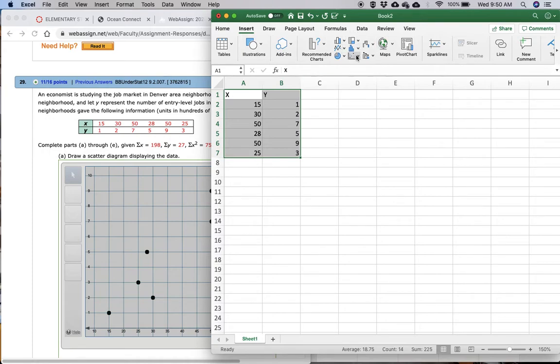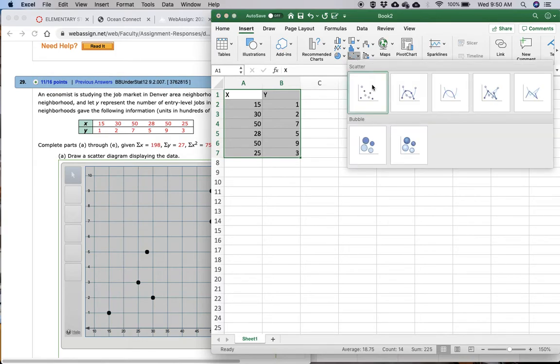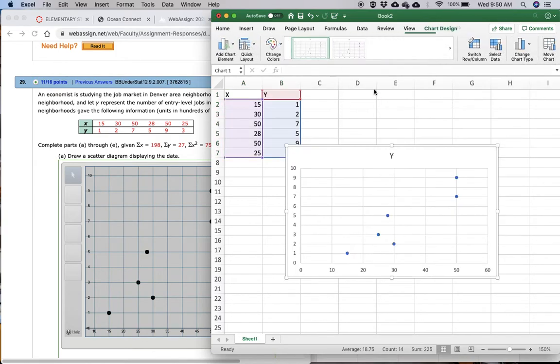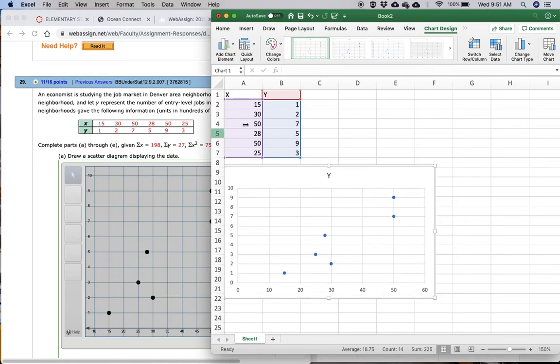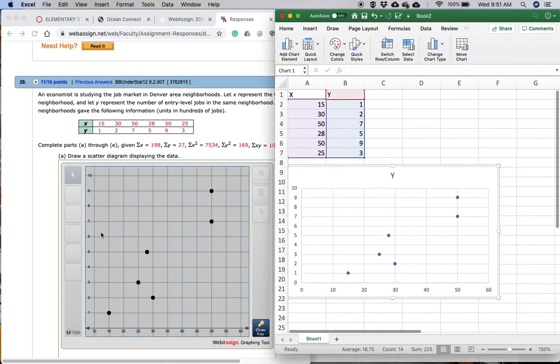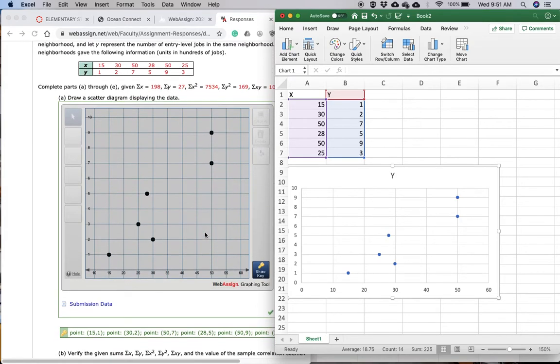Now you want to go to the one that says XY scatter and just create a normal scatter plot. Now, ironically, this should look somewhat similar to what you have sketched a second ago. See? Very similar shape. All right, pretty straightforward.